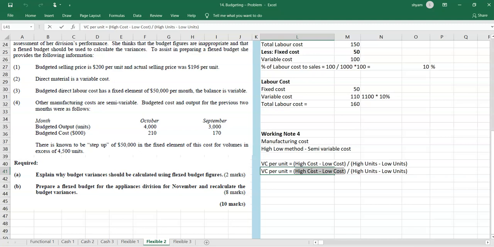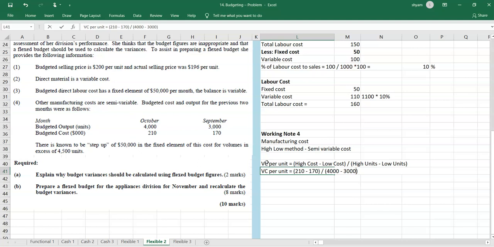The high cost is 210 minus 170, and the high units is 4000 minus 3000.